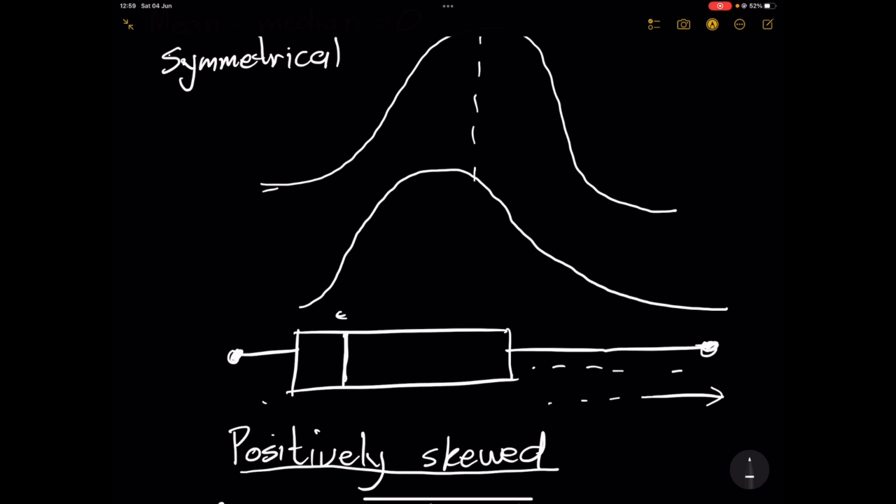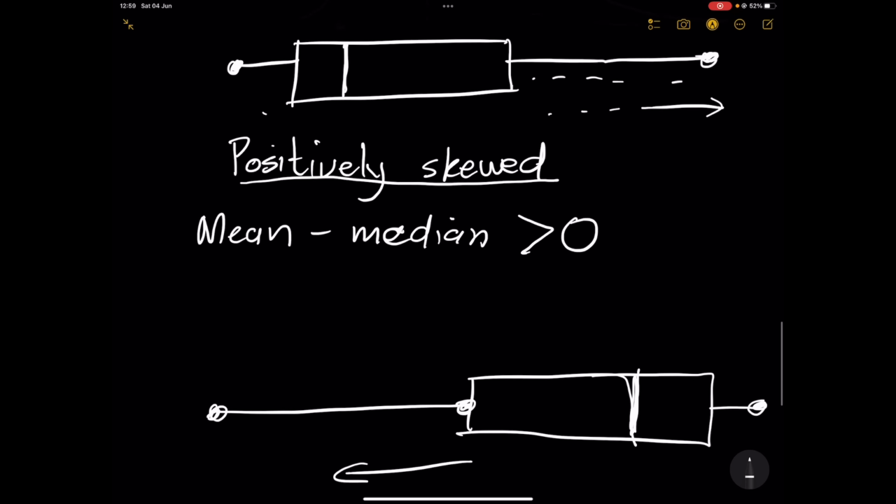In this case, it means that your mean is more towards the left hand side, so your data is more spread towards the right. So you've got something that looks like that.